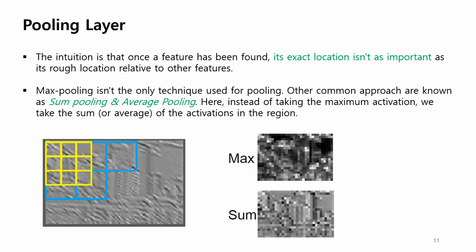It is like that node is telling us, I found a horizontal line. Suppose this feature map is about finding horizontal lines. So this node is saying to us that I found a horizontal line in this particular area. So if the node value is high, that means there is a horizontal line in this area.